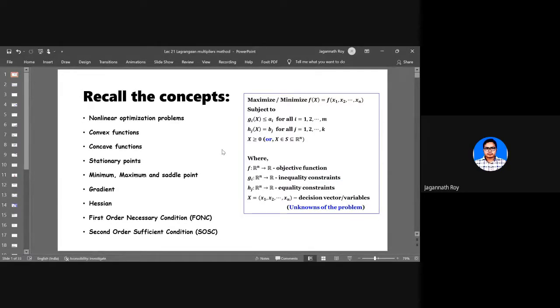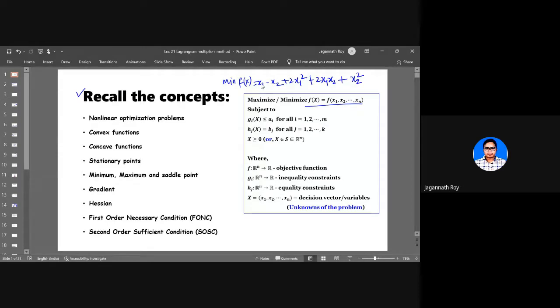Okay, so just to recall the concepts that we have discussed earlier, we have discussed nonlinear optimization problems in the unconstrained case. For example, minimize f of x equals x1 plus x2, x1 minus x2, plus 2x1 square plus 2x1 x2 plus x2 square.